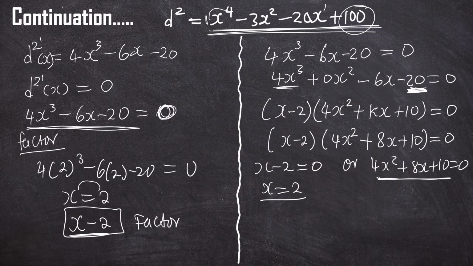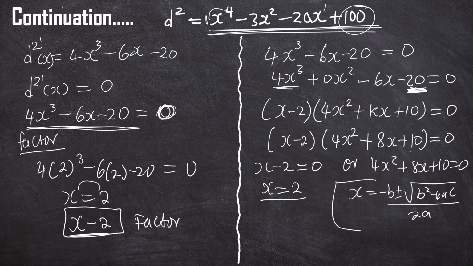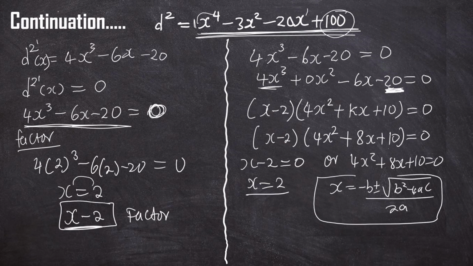Then when we come to this side, we can rather use the quadratic formula to solve for x, where x equals minus b plus or minus the root of b squared minus 4ac. If you forgot how to factorize, you can use this quadratic formula to solve for x. So when we substitute, our b is 8, so it's going to be minus 8 plus or minus root of 8 squared minus 4.